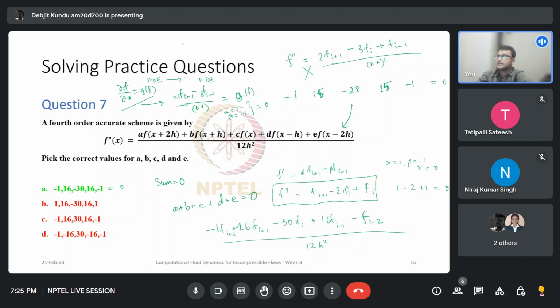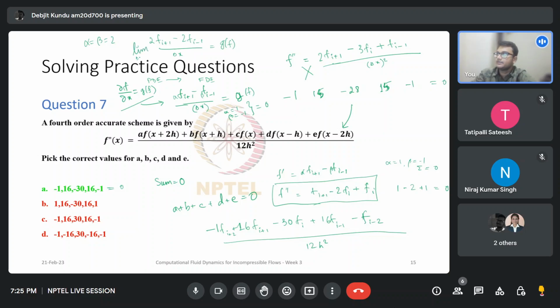So here, let's say I took alpha equal to beta equal to 2. So 2 fi plus 1 minus 2 fi minus 1 divided by delta x equal to g of f. Okay, so this is a valid starting point, right? So here my coefficients sum to 0. So this should satisfy.